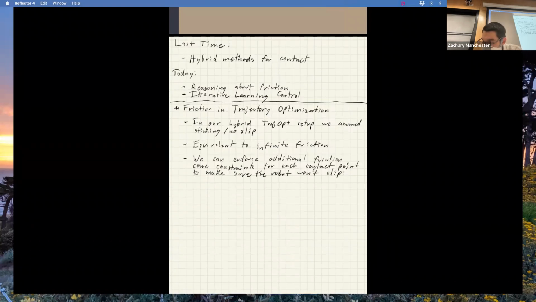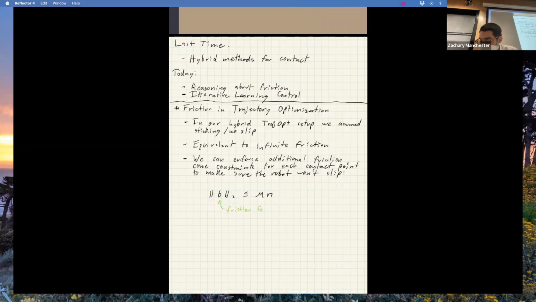So we talked about this, I think, briefly before. So the tangential part of your contact force, the friction vector, we'll call that b. So that's a 2D vector. The 2-norm of that thing has to be less than or equal to friction coefficient mu times normal force n.